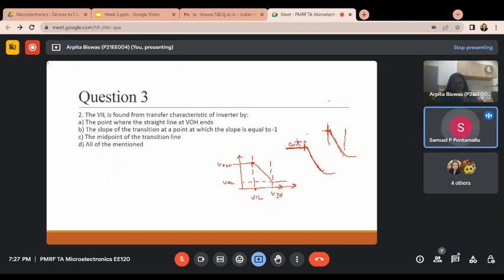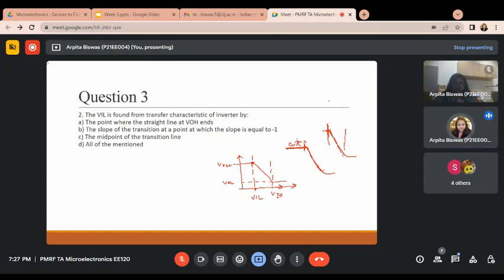Are you getting any clue that the BJT is in the on stage? If the voltage is very low, then the first option, the point where the straight line at VOH ends, means up to that point it is in cutoff mode. But slightly greater than this, you are giving some input low voltage, so it is coming to the active mode.